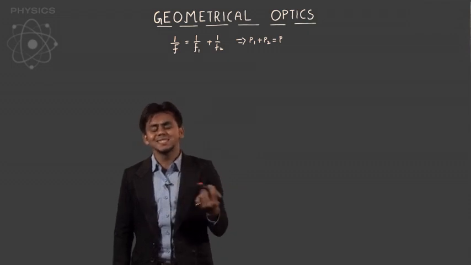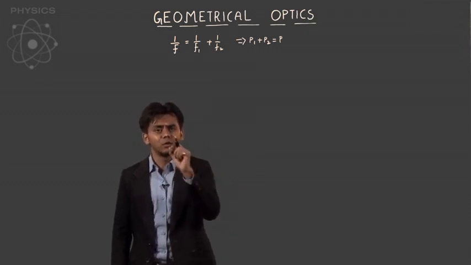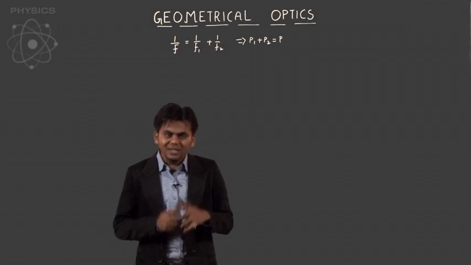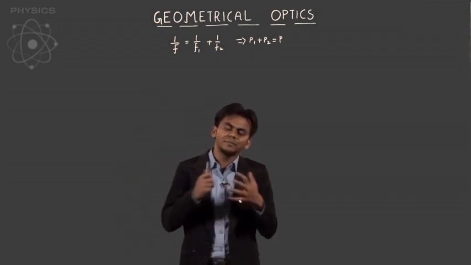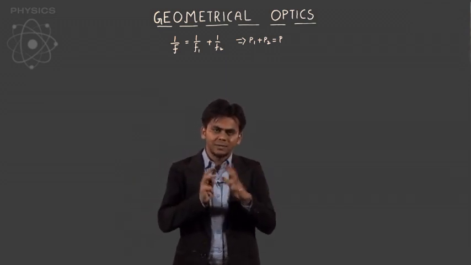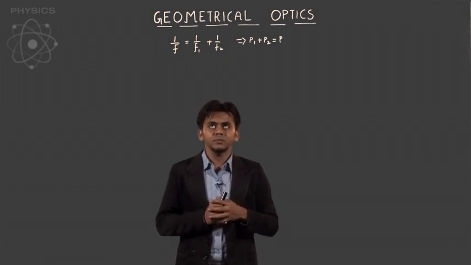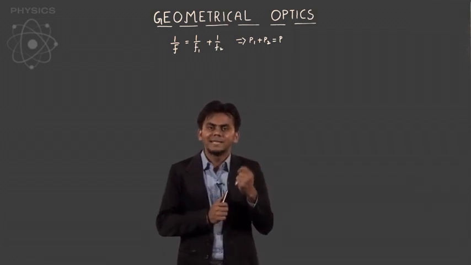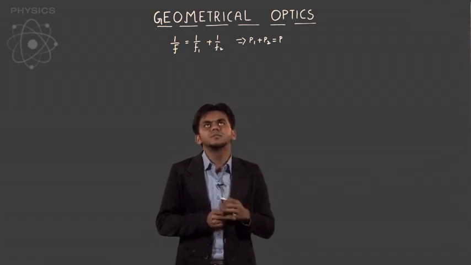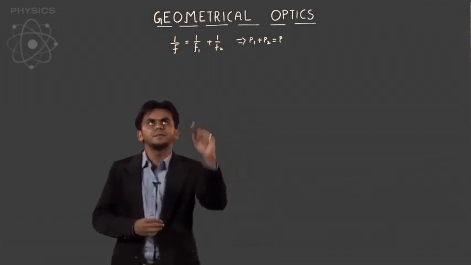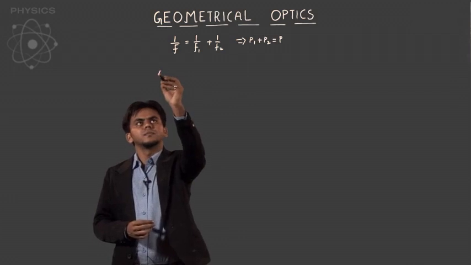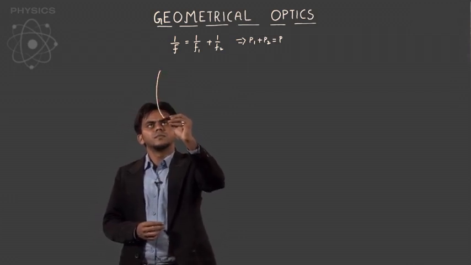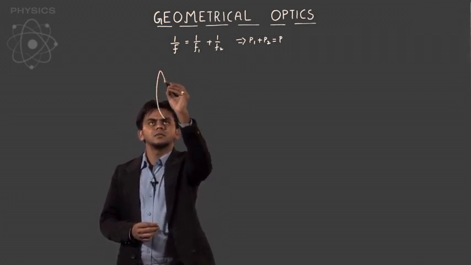What about lenses not in contact, separated by a small distance? To understand what happens when you have kept the lenses at some distance away from each other, we need a small reduction on deviation produced by lens. Let's understand that first. Let's say you have biconvex lens.